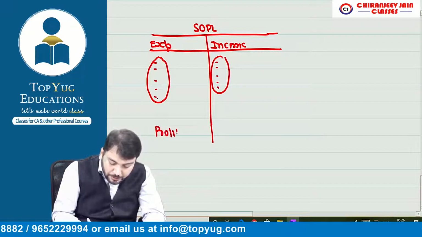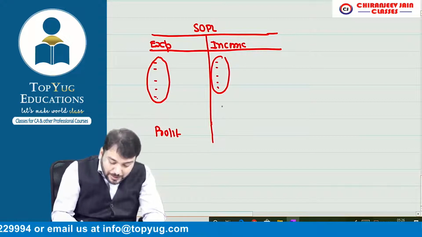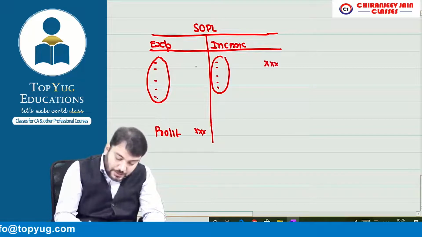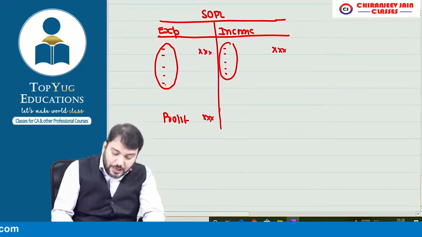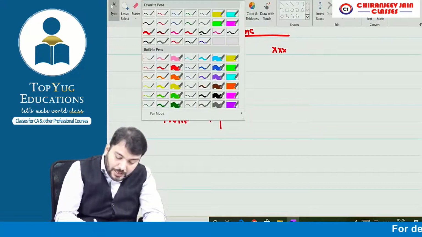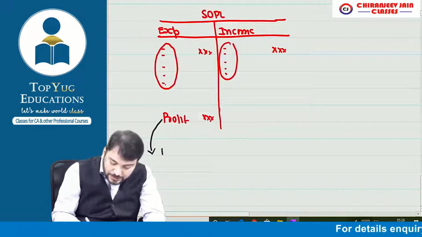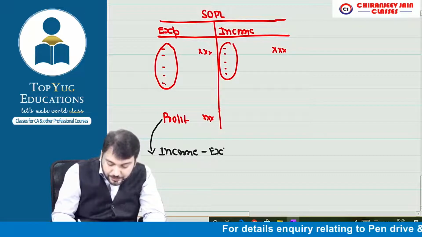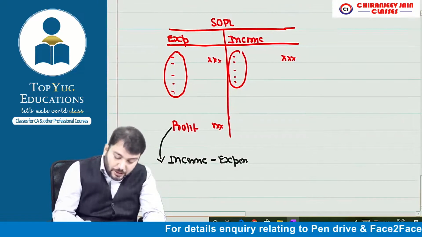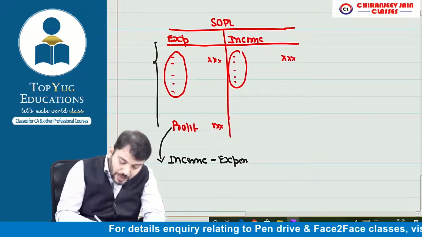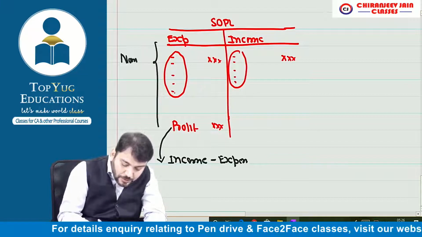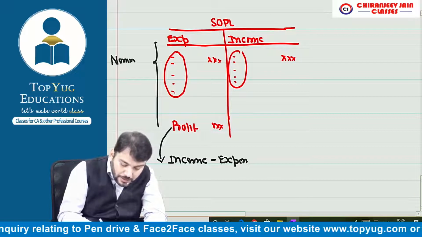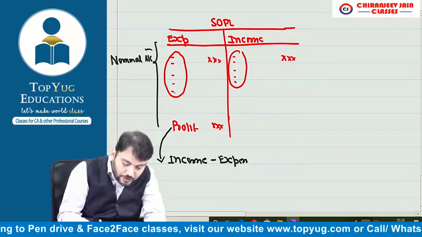So income minus expense is equal to profit. Have you understood what I am saying? So profit is nothing but income minus expense. So income and expense are nothing but nominal accounts. Nominal account. Correct. Understood?